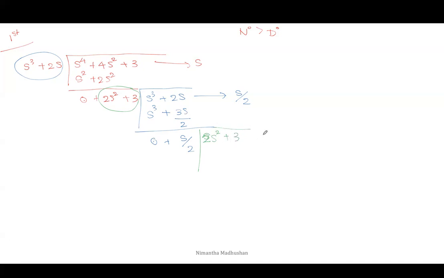For this one, 2s squared, 0 plus 3. Then s over 2, we can use here s over 2. From this one, s over 6, s over 2.